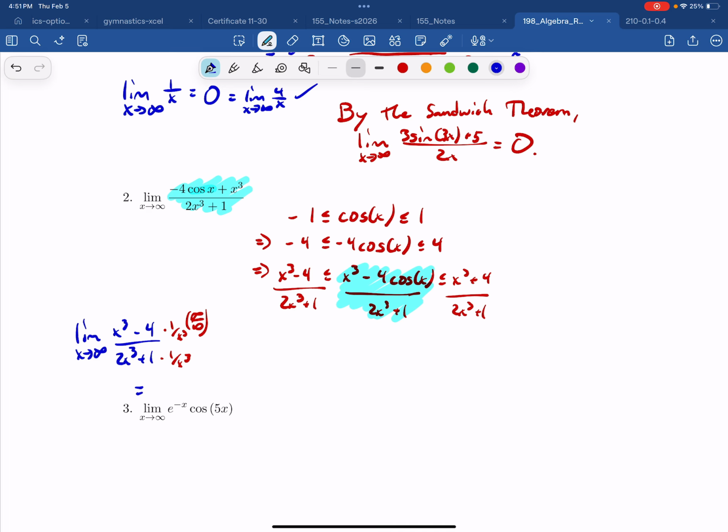And then we get the limit as x approaches infinity of 1 minus 4 over x cubed divided by 2 plus 1 over x cubed, and we get 1/2. And note that that's the same thing as if we did the limit as x approaches infinity of x cubed plus 4 all over 2x cubed plus 1.